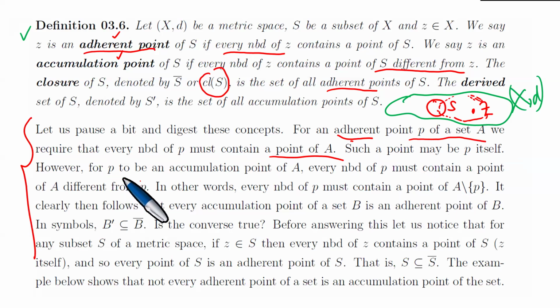However, for P to be an accumulation point of A, every neighborhood of P must contain a point of A different from P. There's no 'different from P' in the case of the former.